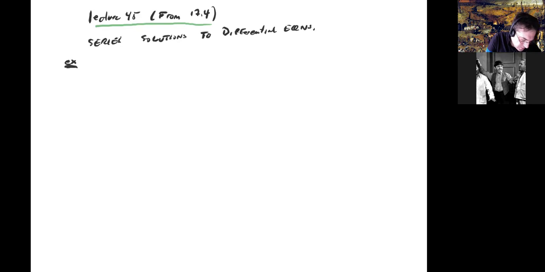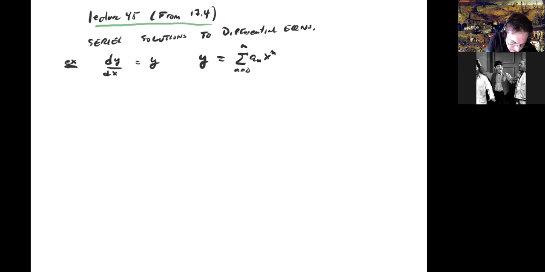So suppose we have a differential equation of the form dy/dx equals y, and we want to solve this equation. The idea is we're going to assume the function y has a series solution. So you want y to be the sum of a_n x^n, n goes from 0 to infinity. And now we demand it satisfy the equation.